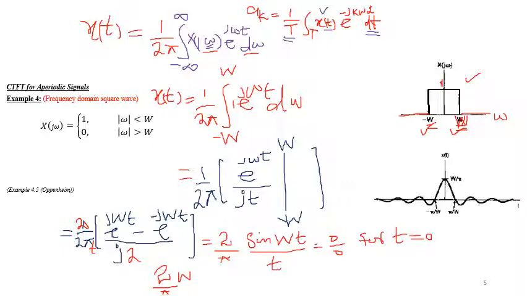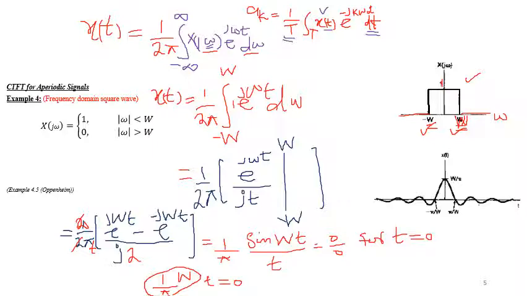Oh, I made a mistake, because this 2 will cancel with this one. So I will not get 2 by pi, in fact I will get 1 by pi times omega. So this is the value for t equals 0.